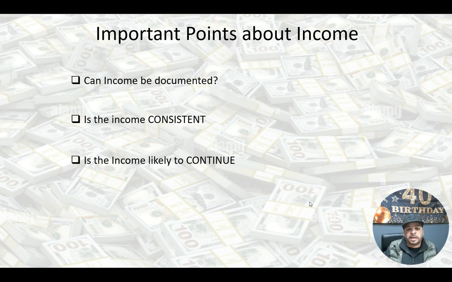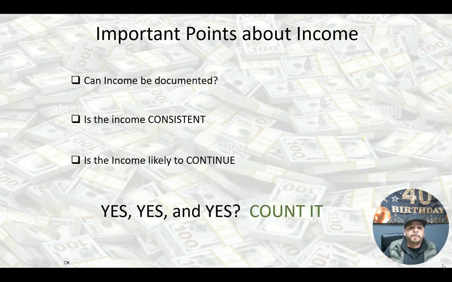If the income is not likely to continue, then you can't use it. If you can't document in those situations like child support and alimony, where you have to have proof of continuance, you can't count it. Those are the key things that we're looking for. But if your answer to all of these is yes, you can document it, yes, it's consistent, and yes, it's likely to continue, then more than likely you're going to be able to count that income.